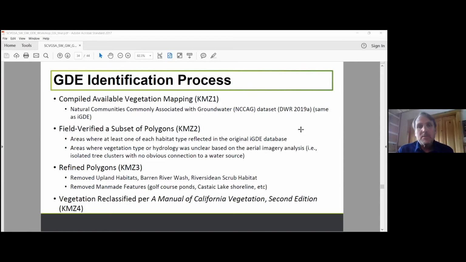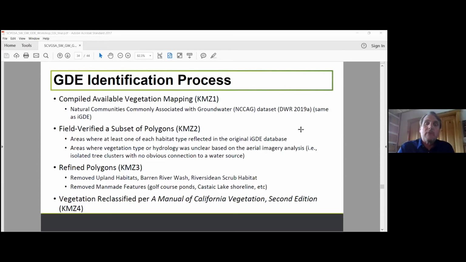And then in KMZ3, we refined the data and really separated out vegetation types that are associated with groundwater or perennial water sources, and those that are not. What we call upland habitats, or grasslands, or hillside scrubs, or barren river washes.